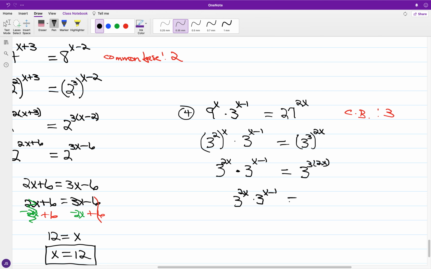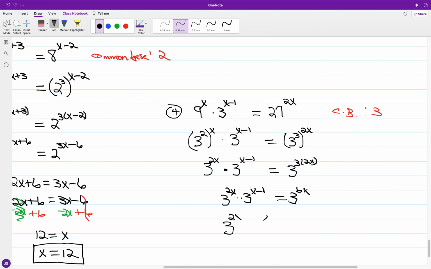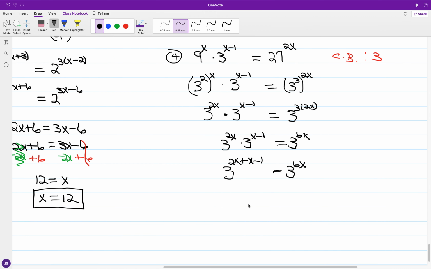Notice we have two base 3 terms on the left, and I'm going to put these together with the product property. So here I'm going to add the exponents together. Now I got 3 to the 3x minus 1 is equal to 3 to the 6x.